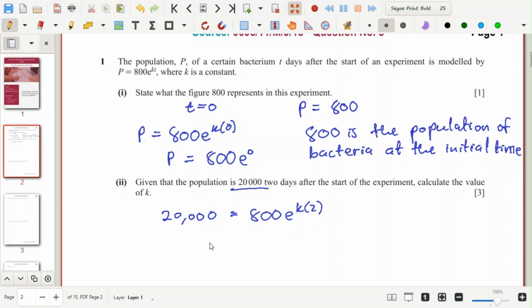All right, so this one can be written as 2k. We should find the value of k. So you can divide both sides by 800. Okay, so 0 0 cancel.